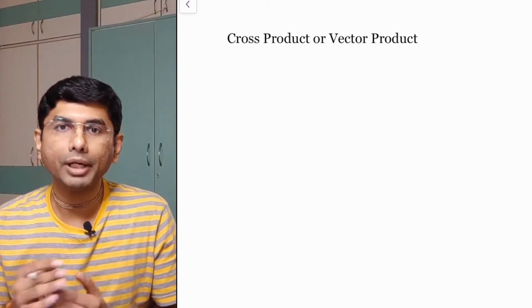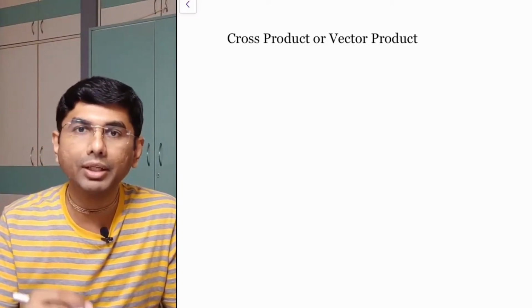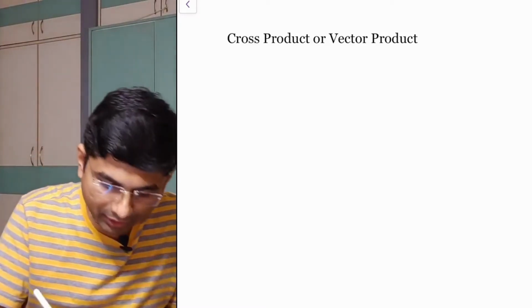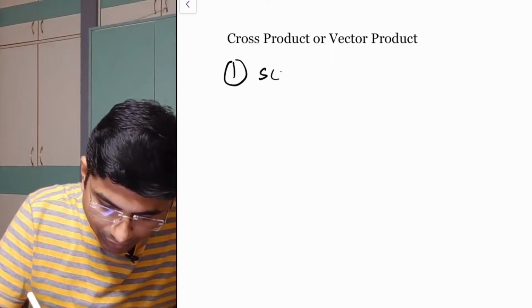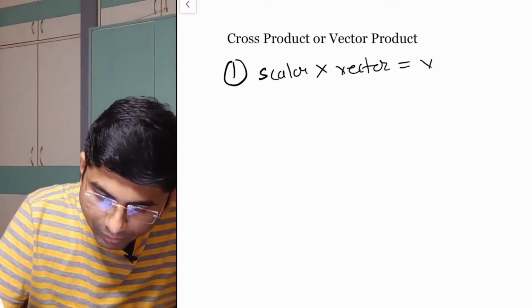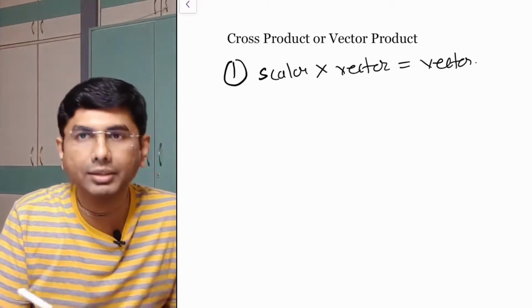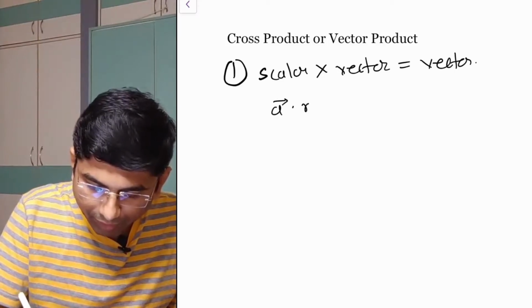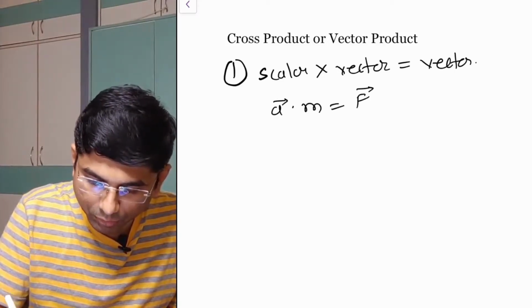Whenever we multiply a vector with a scalar, the answer is always a vector. Just remember this: multiplication of a scalar into a vector will always be a vector. We have formulas like that. Acceleration is multiplied with mass and the answer is force.